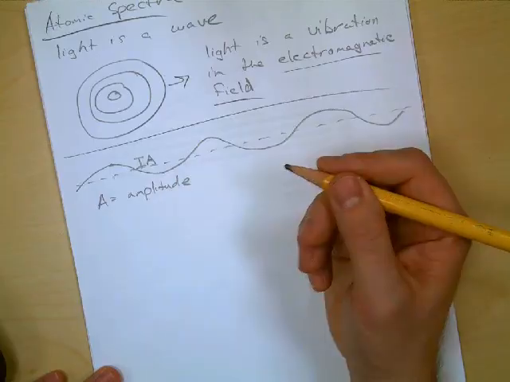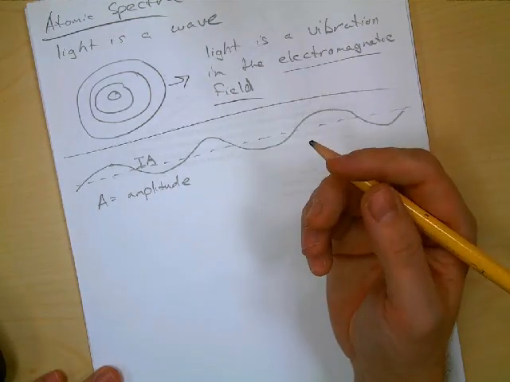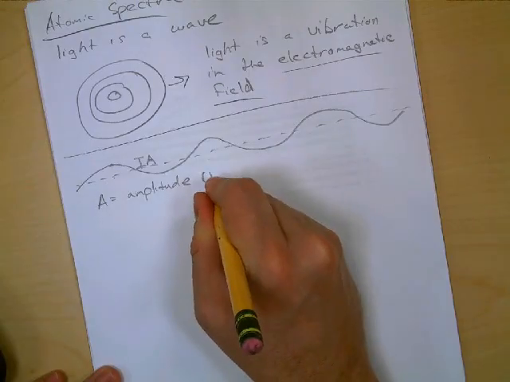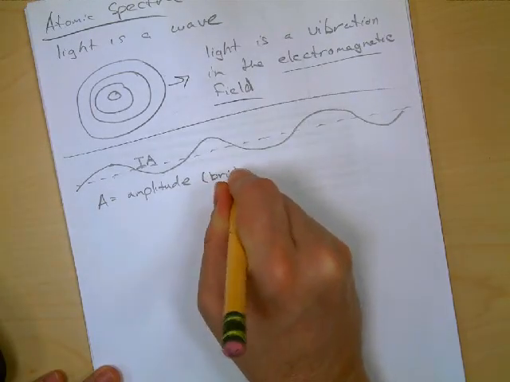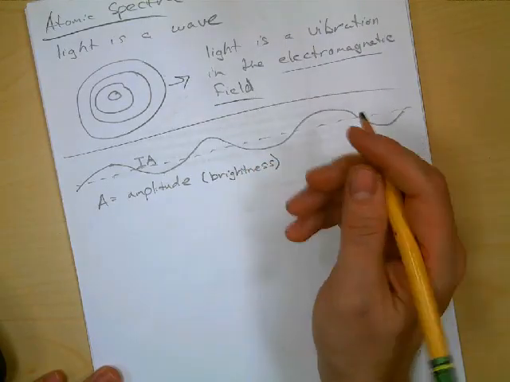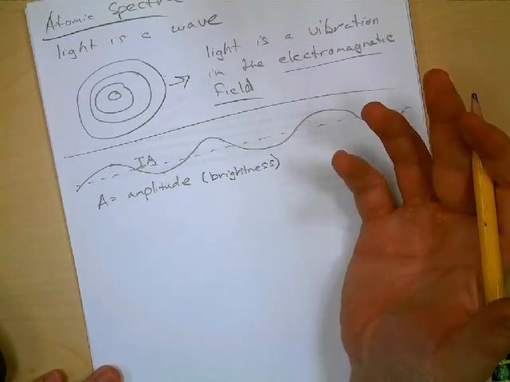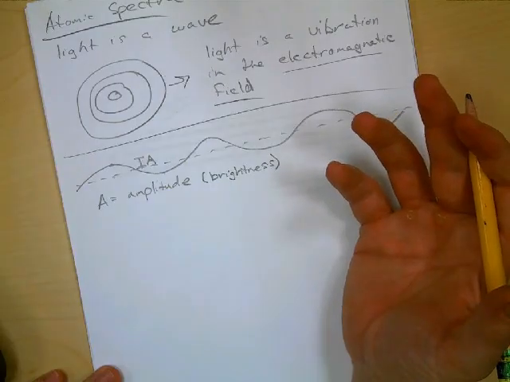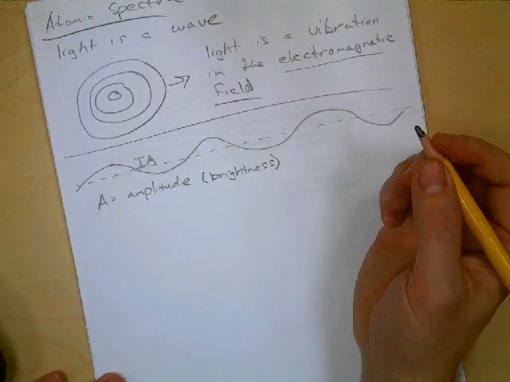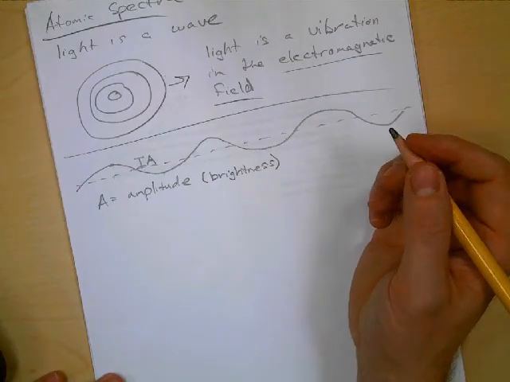And a more practical everyday way to think about that is the brightness. So amplitude is related to the brightness of the light. So if we have a brighter light shining out of a bulb, we might say that bulb is shining with a bigger amplitude than if we had a weaker bulb or something like that.